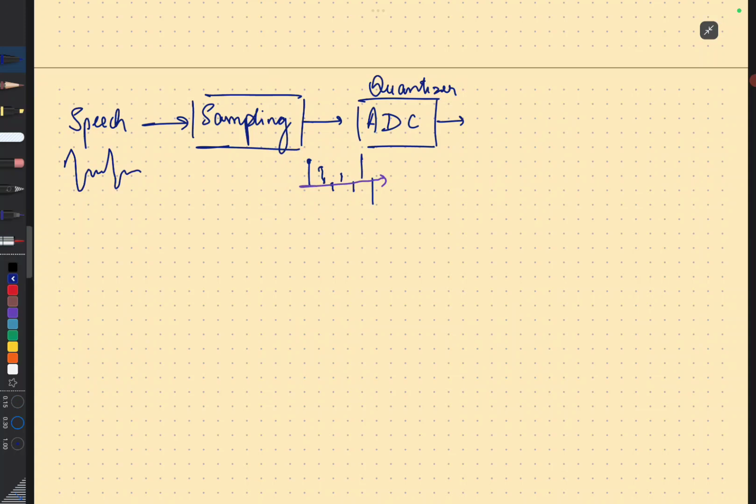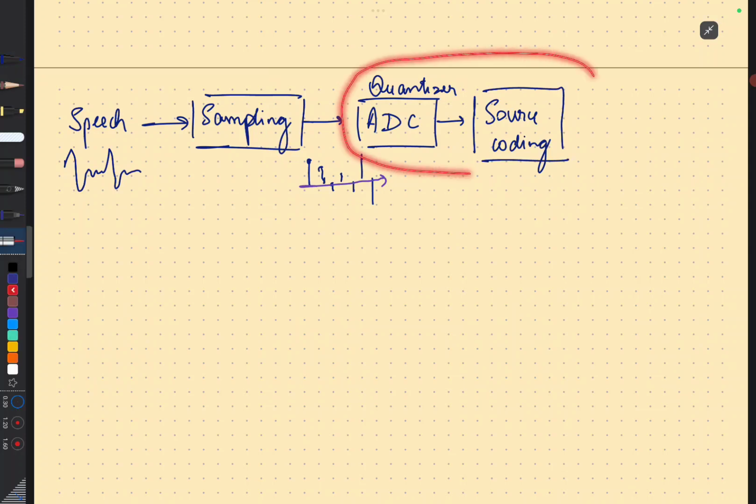And then you typically have some kind of a compressor, which I'll call source coding, but in principle both of these can be combined together into one source coding block. In earlier systems, what used to typically happen, in fact it still happens very frequently, is that this process of analog to digital conversion and compression is usually made separate.